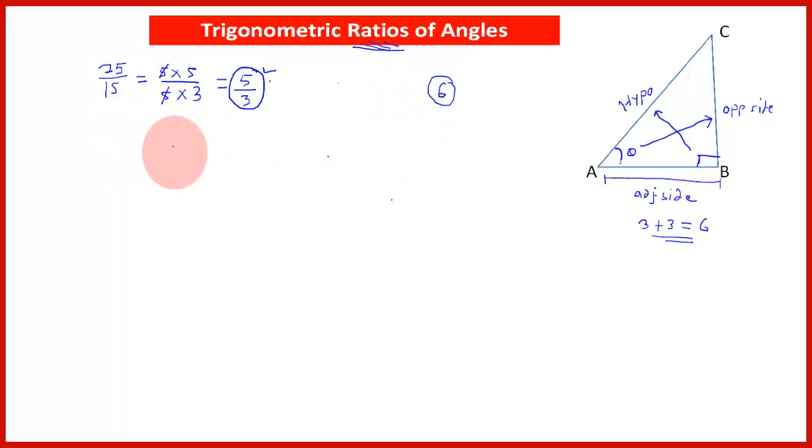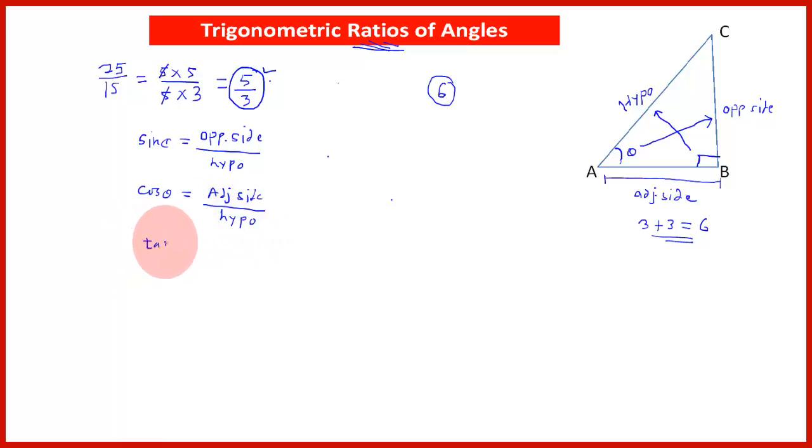And those trigonometric ratios are: sin theta is equal to opposite side upon hypotenuse. Then the second one is cos theta. Cos theta is equal to adjacent side upon hypotenuse.